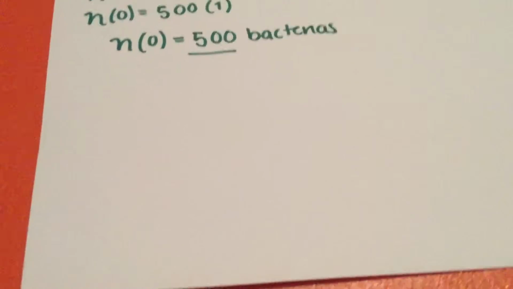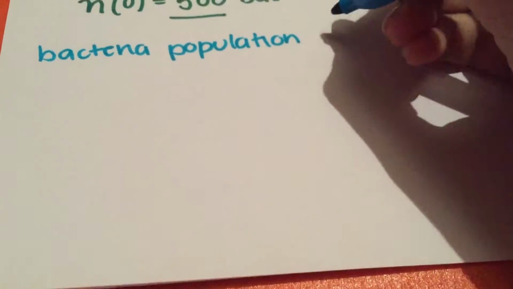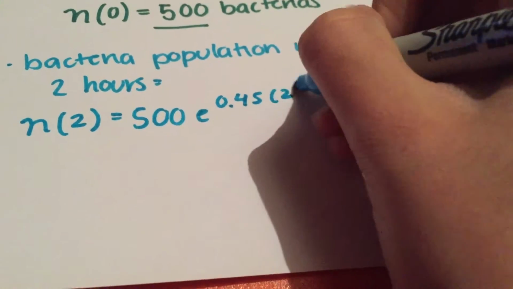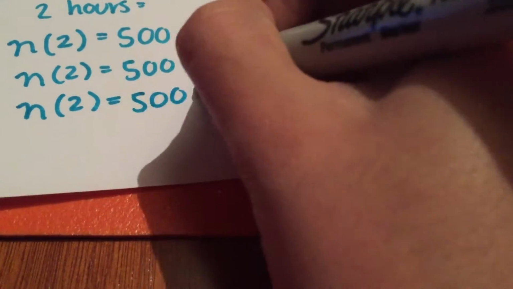The doctor says I have 500 bacteria in my stomach, but if they are growing per hour, how many do I have in 2 hours, in 3 hours, and 5 hours? If they are growing at 45% every time. It's simple.